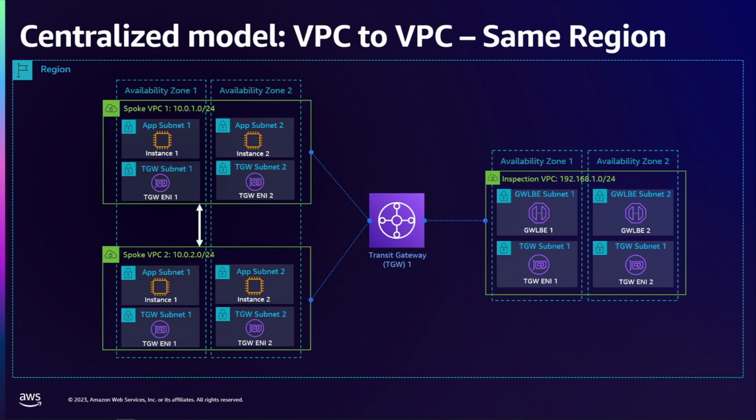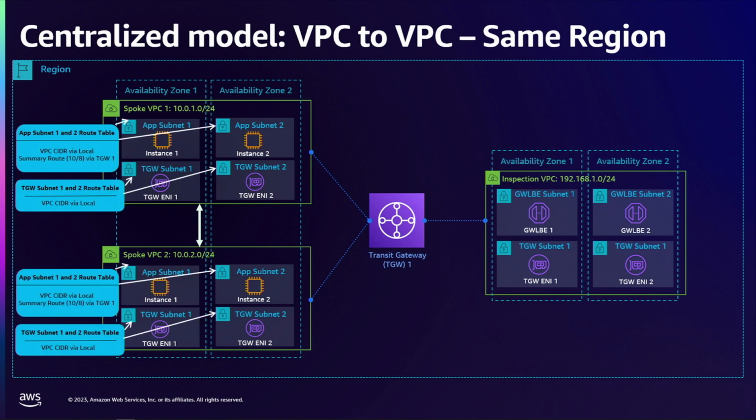You can see that there's a separate subnet in each one of these VPCs with the Transit Gateway endpoint to connect to the Transit Gateway to be able to communicate externally. And then I created a separate third VPC, which I call the inspection VPC. That inspection VPC will have the gateway load balancer with the firewall behind it, or our managed AWS Network Firewall. The Transit Gateway also will be connected to that one. So now we have the three of them connected.